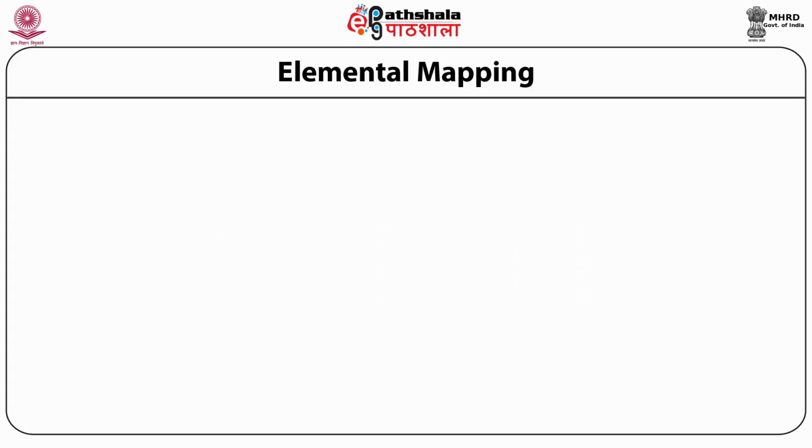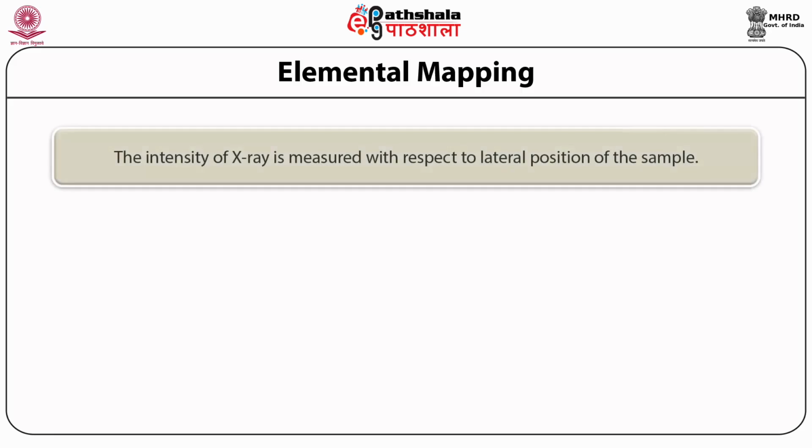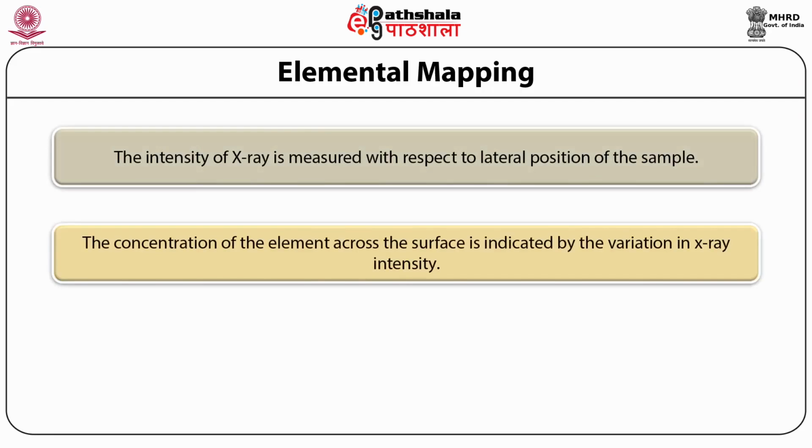We move on to the elemental mapping. What is elemental mapping? The intensity of X-ray is measured with respect to the lateral position of the sample. The concentration of the element across the surface is indicated by the variation in X-ray intensity. So it is kind of a line profile showing how the compositional variations are occurring along that line in a given sample.